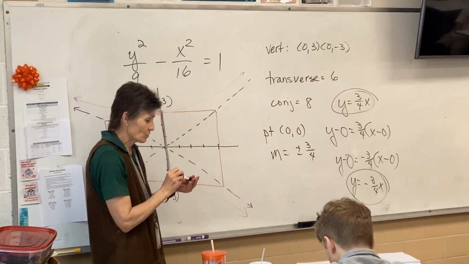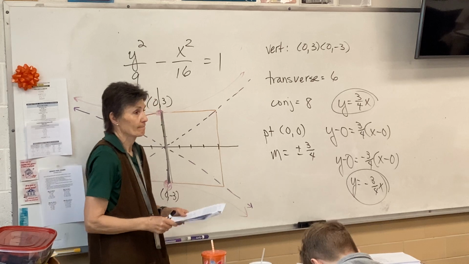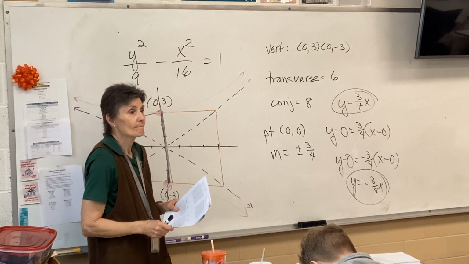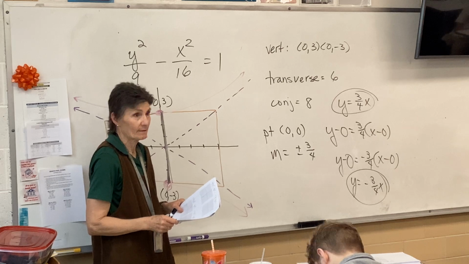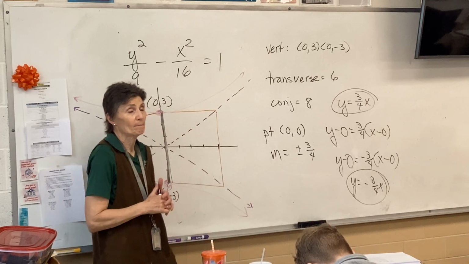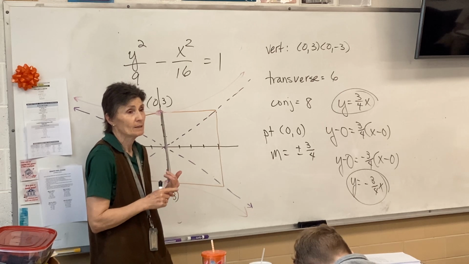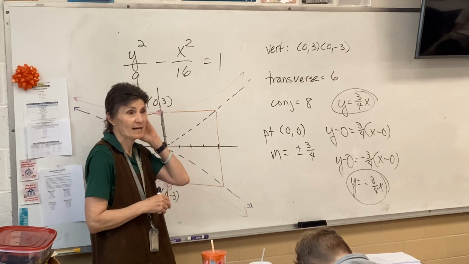There are the equations of my asymptotes. You have to write the equations of the asymptotes, right? Yes, so the things you're going to write down, Jarius, for the hyperbola are the center, the vertices, transverse and conjugate axis, and the equations of the asymptotes.